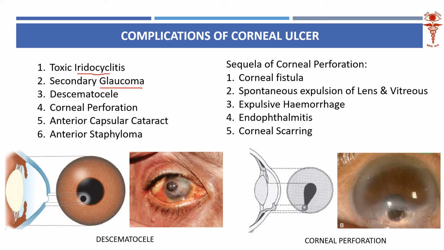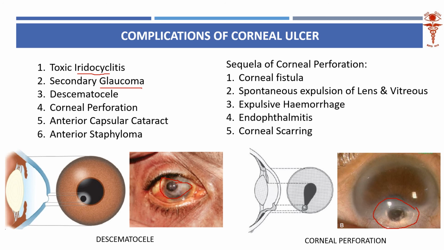Because there is thinning of the corneal ulcer and destruction of the corneal tissue, there can be a descemetocele, where there is impending perforation. That impending perforation can go to a scarring phase. This is the active phase, this is the scarred phase.